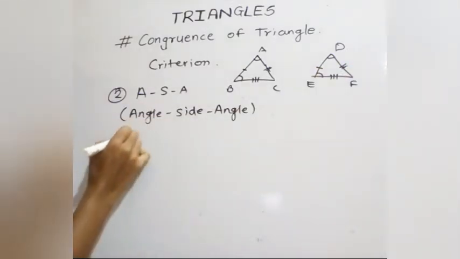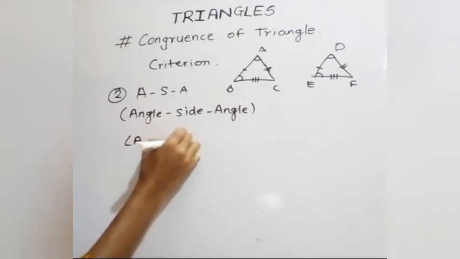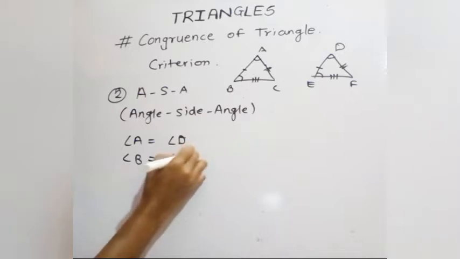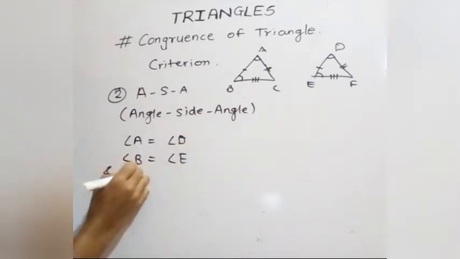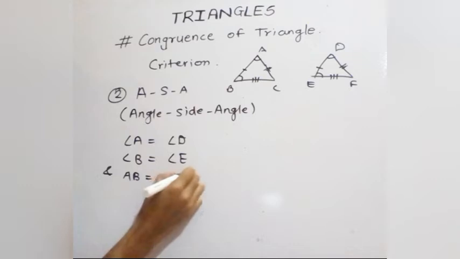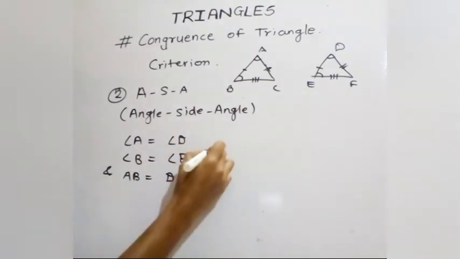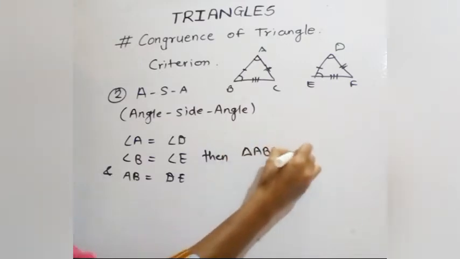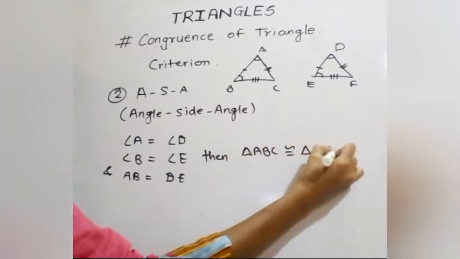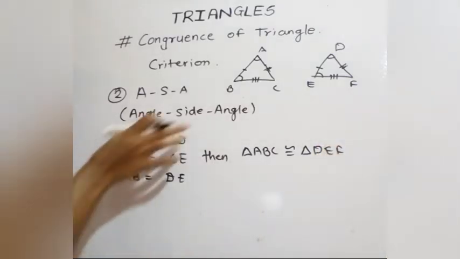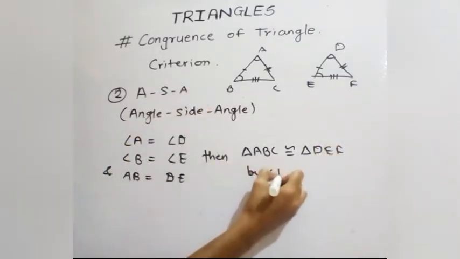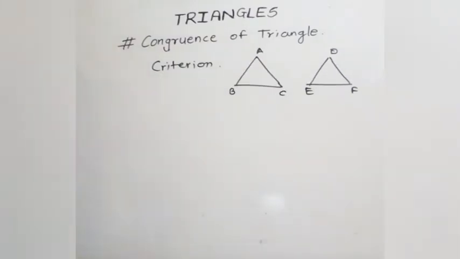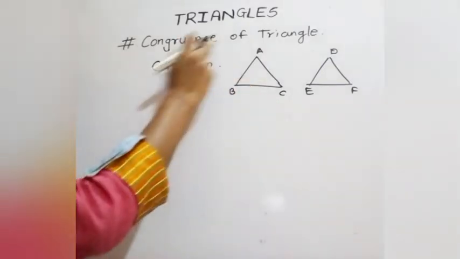So angle A is equal to angle D, angle B is equal to angle E, and one side, that is AB, is equal to DE, then we can say that triangle ABC is congruent to triangle DEF by angle, side, angle criteria.